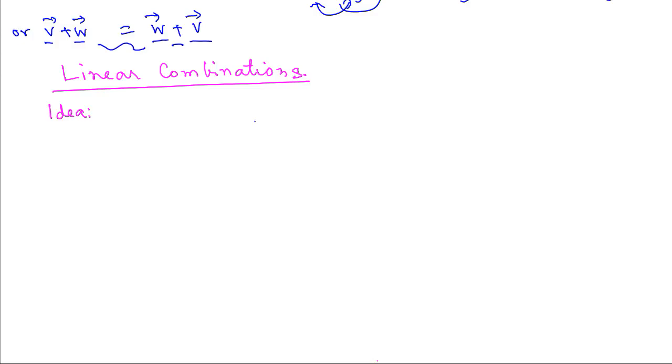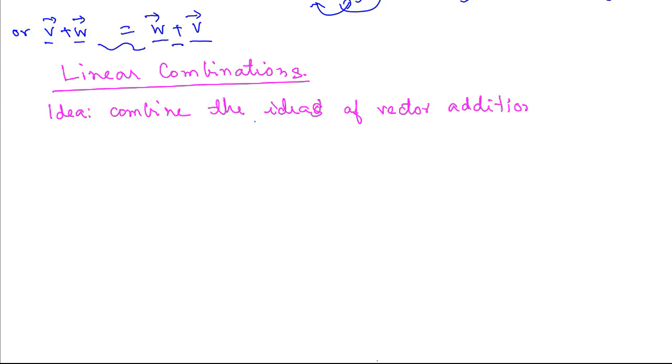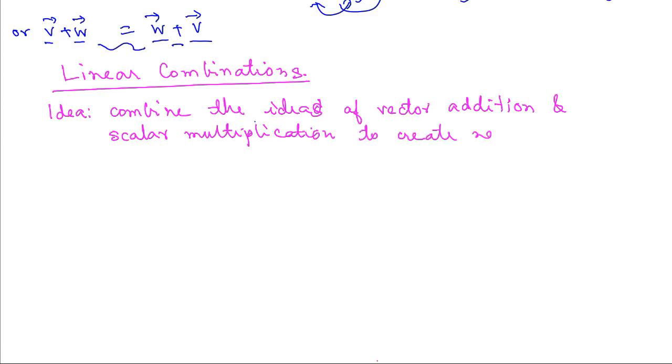So now we combine the ideas of vector addition, which we will simply call addition, and scalar multiplication, which we call simply multiplication, to create new vectors.